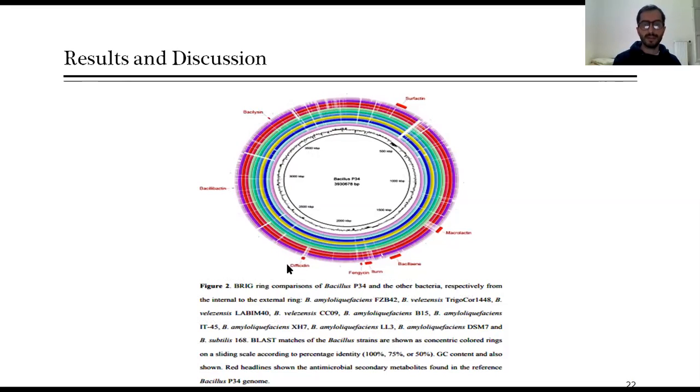Through this analysis, it was possible to identify that two of all these gene clusters were not detected in the Bacillus amyloliquefaciens group and in Bacillus subtilis, used as sister group in the phylogenetic tree, because the species reported here are the same as in the phylogenetic tree.